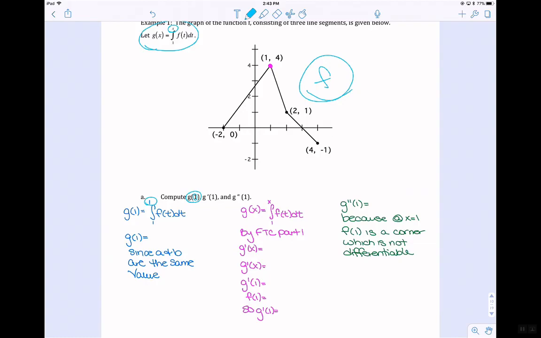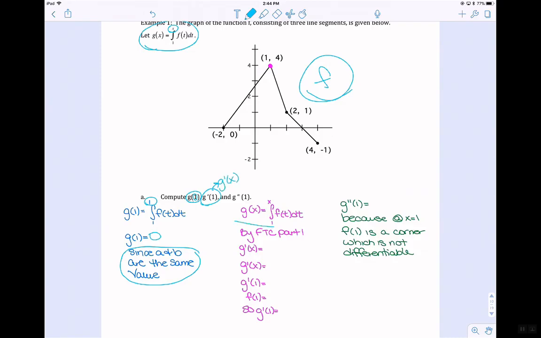Remember, since a and b are the same value, g of 1 is 0. Now, if we switch gears and look at g prime of 1, let's first find g prime of x.